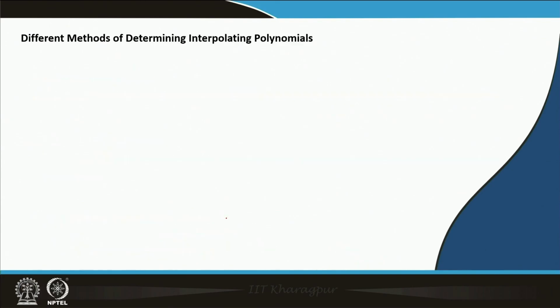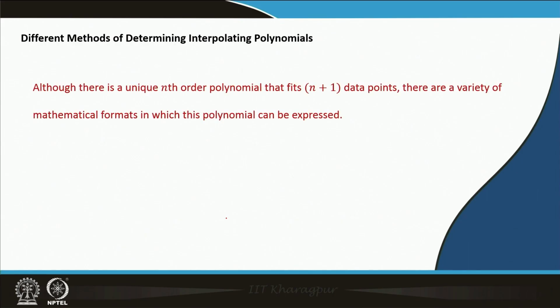So, having this, now we will be talking about different methods for determining interpolating polynomials. Although there is a unique nth order polynomial that fits given n plus 1 data points, there are a variety of mathematical formats in which this polynomial can be expressed.